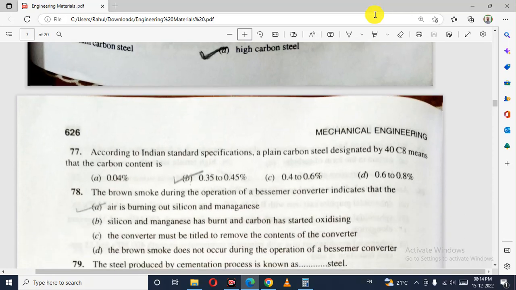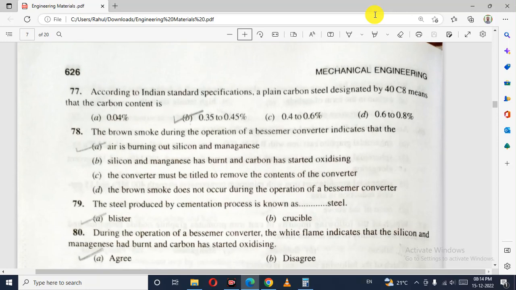The brown smoke during the operation of the Bessemer converter indicates that air is burning out silicon and manganese. The steel produced by the cementation process is known as blister steel.